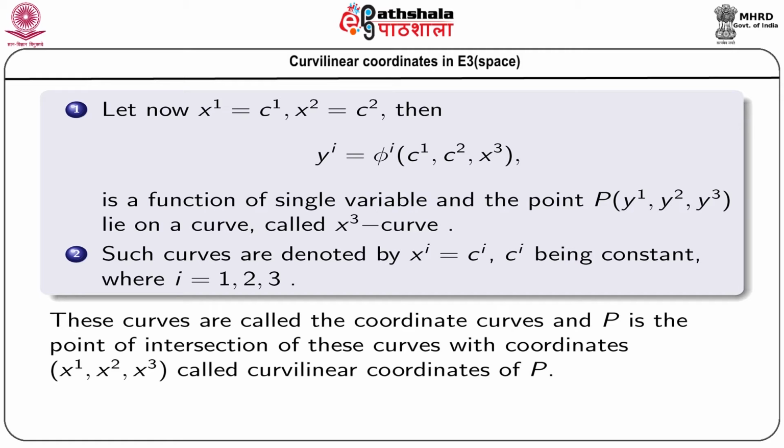One is for the Cartesian coordinate system, denoted by y1, y2, y3. And at the same position, if we consider that P is lying on the intersection of three curves, the x1 curve, x2 curve and x3 curve, it has a point with coordinates x1, x2, x3 also, which are the curvilinear coordinates of P.